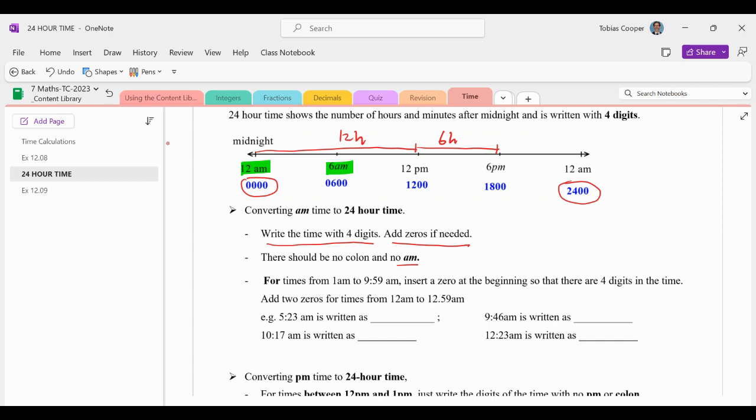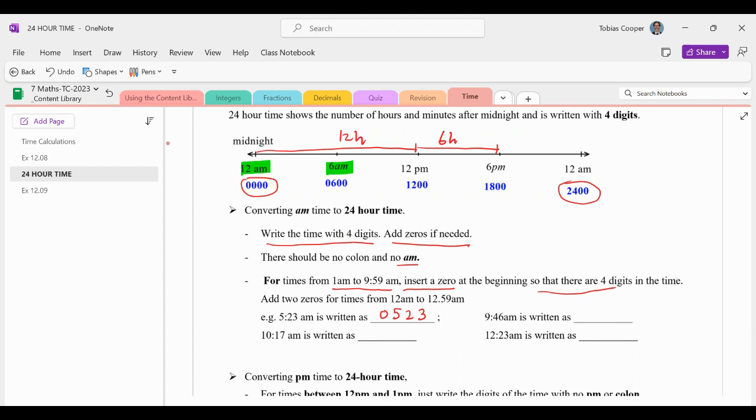So let's have a look at the first one. 5:23 a.m. Well, that's 5 hours and 23 minutes after midnight, and that's in this category here, 1 a.m. to 9:59 a.m. Insert a 0 at the beginning so that there are 4 digits. So we're going to go 0, 5, 2, 3. And notice that there is no colon. Now, colon means the 2 dots here.